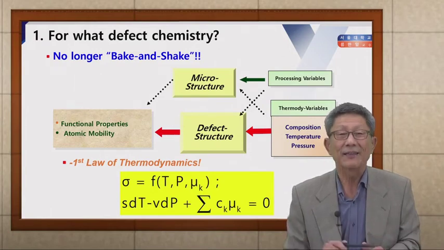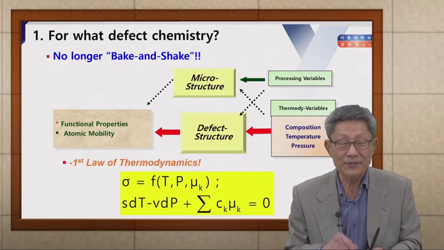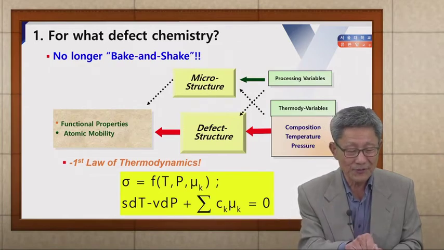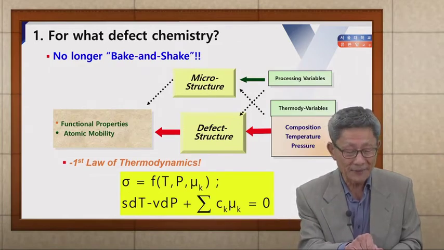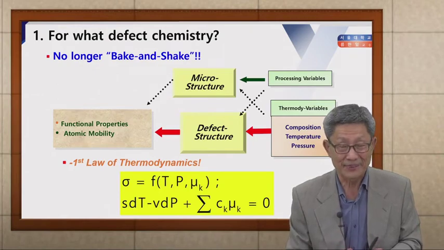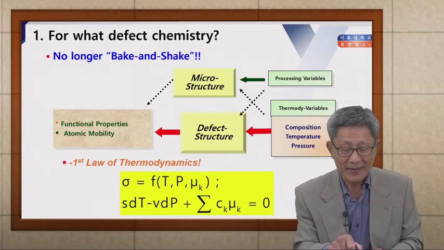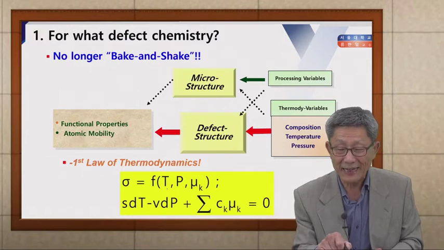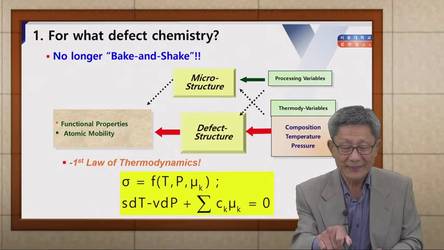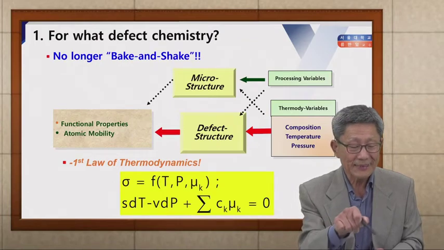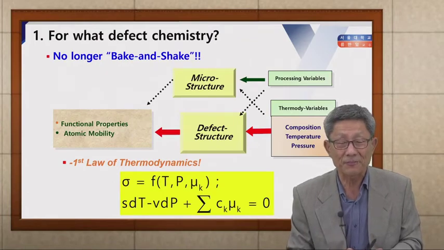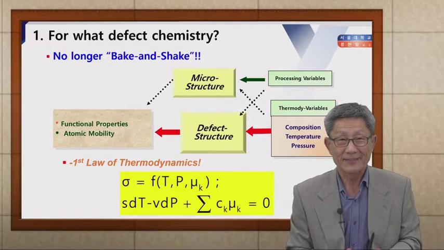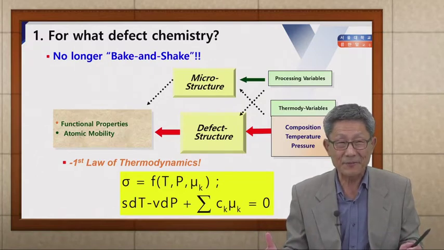Those are the thermodynamic variables which you have to control the thermodynamic equilibrium properties. Likewise, by controlling these thermodynamic variables, you can control or adjust the defect structure, which decides all the functional properties of your ceramics. So therefore, our ceramic business is no longer a bake and shake business.